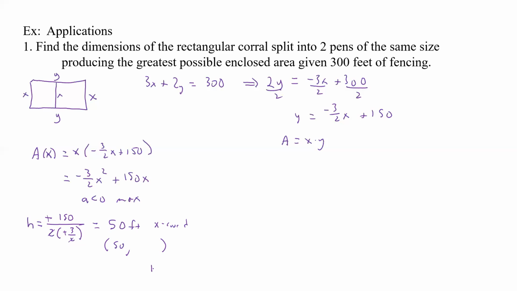Well, what is k? Well, now I have to plug back into this function here. I'll have negative 3 halves times 50 squared plus 150 times 50. And if I plug that in my calculator, negative 3 divided by 2 times 50 squared, and then plus 150 times 50, I get 3750 is going to be my k.